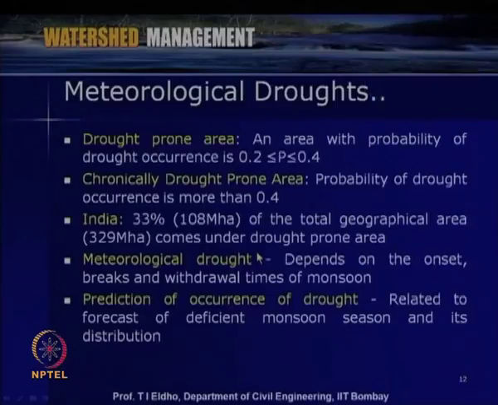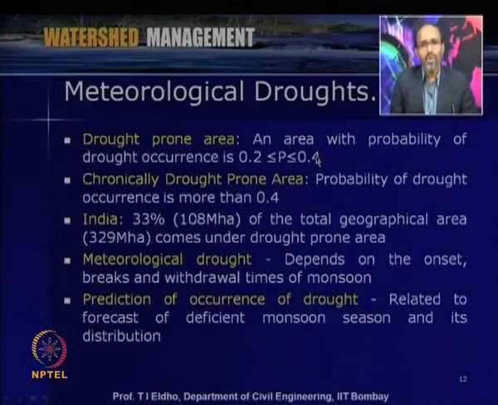This meteorological drought we can also see with respect to the probability of drought occurrence. If you define the probability of drought occurrence, a particular area is said to be drought prone if the probability is between 0.2 to 0.4, and we say that area is chronically drought prone when the probability exceeds 0.4.